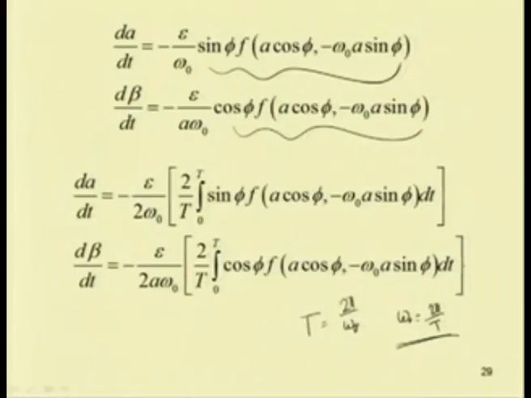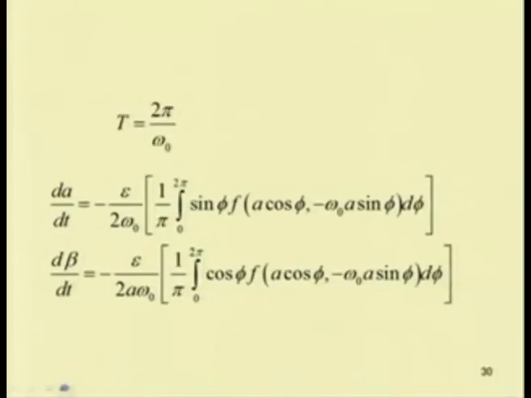Now one can express this time in terms of the frequency omega 0, and one can write this equation, dA by dt equal to minus epsilon 2 by omega 0, by substituting T equal to 2 pi by omega 0.